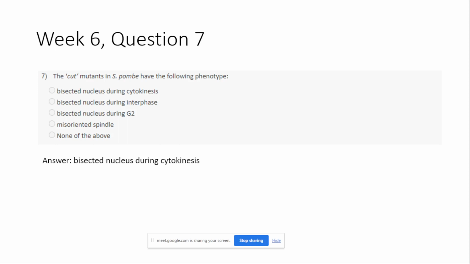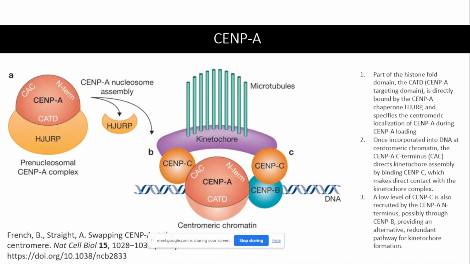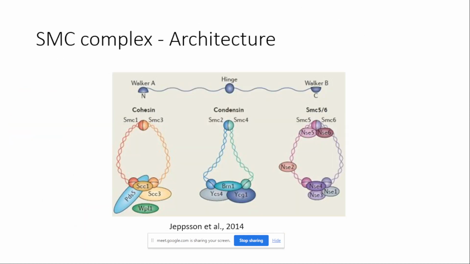Okay. So the next question is what she asked: which of the following statements are true regarding SMC complexes? For that I will show you this slide again, and then you will tell me. This is the SMC complex architecture. It has an N-terminal Walker domain, a C-terminal Walker domain, and a hinge region, and there are two coil regions.